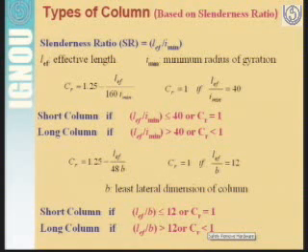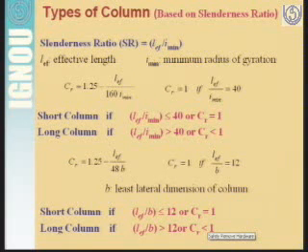Slenderness ratio is the geometrical property of the column, which can be defined as the ratio of the effective length of the column to the least lateral dimension of the column. Based on this slenderness, we divide the columns into two categories. One we call a short column, another we call a long column.